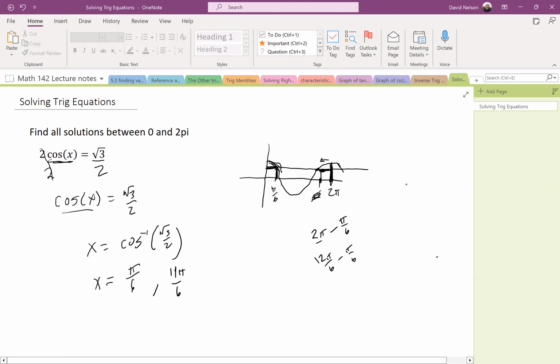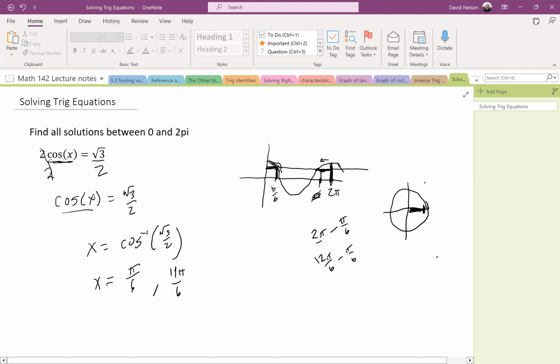Or another way to think about it, some people like the unit circle version of things. If we're looking at a circle of radius 1 and the cosine value is equal to root 3 over 2, the cosine value is your x coordinate here.